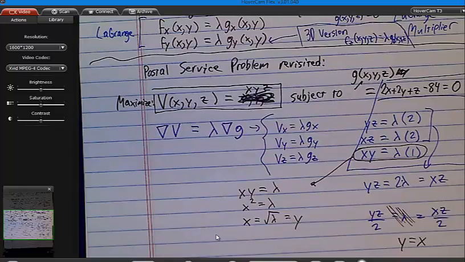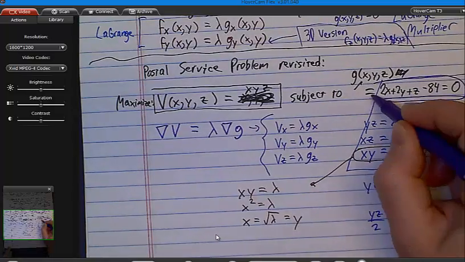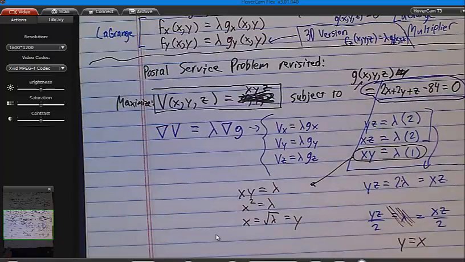Wait a minute, there's another equation I haven't used yet. Which one is it? The first one. See that first equation? One thing you'll notice about that first equation, there's no lambda anywhere in it. But I know that x and y are each the square root of lambda. Do I know anything about z? Well, let's take one of the equations with z.